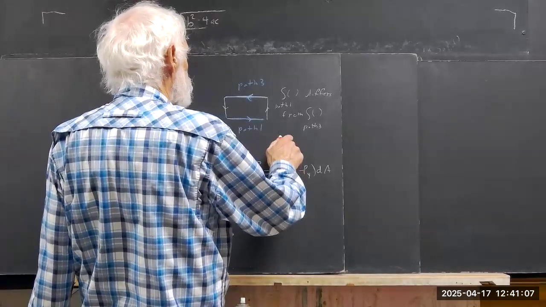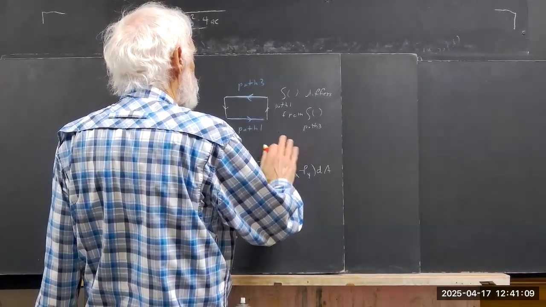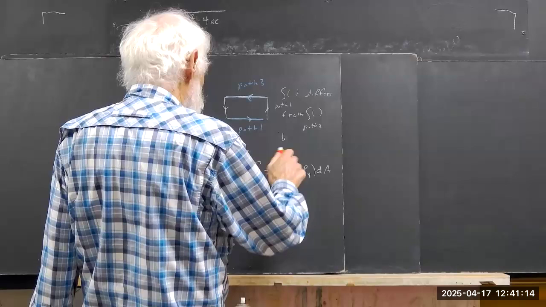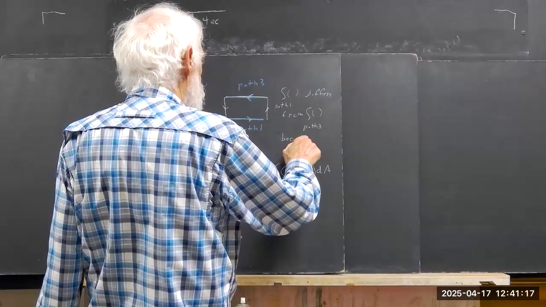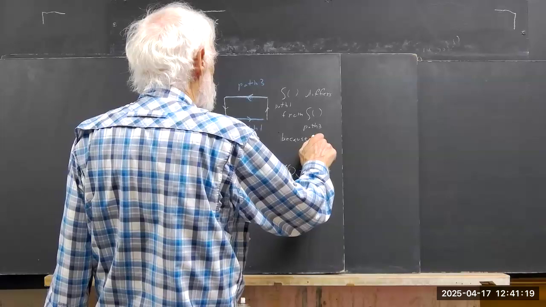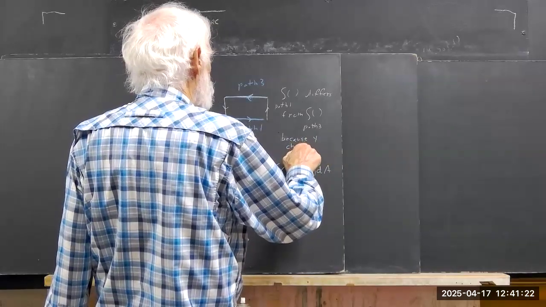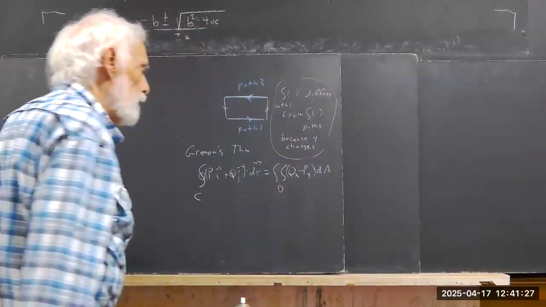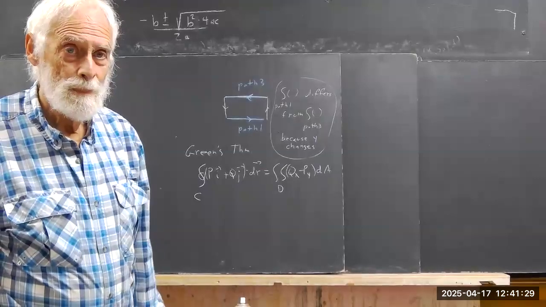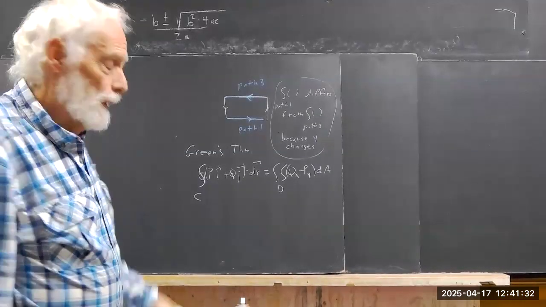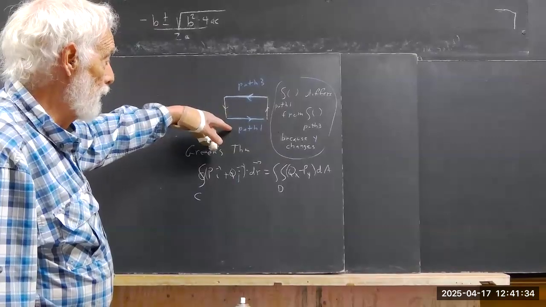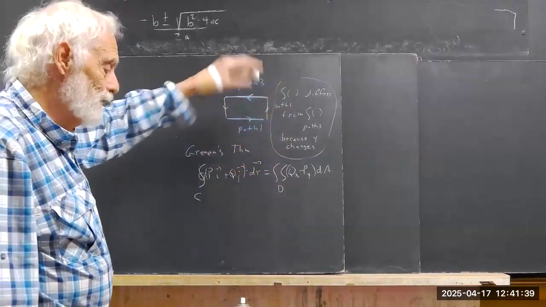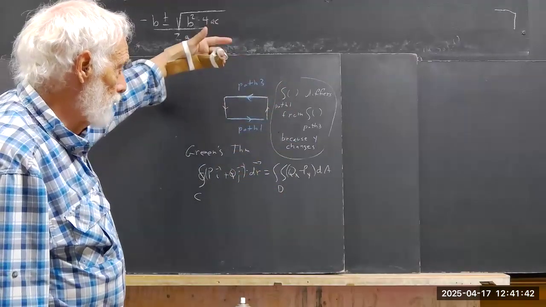Why? The integral differs because y changed. Okay. If y was the same over this path as this path, since they both go from the same x value, you wouldn't have any change.